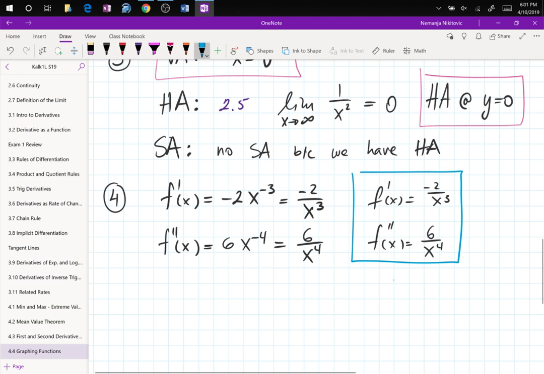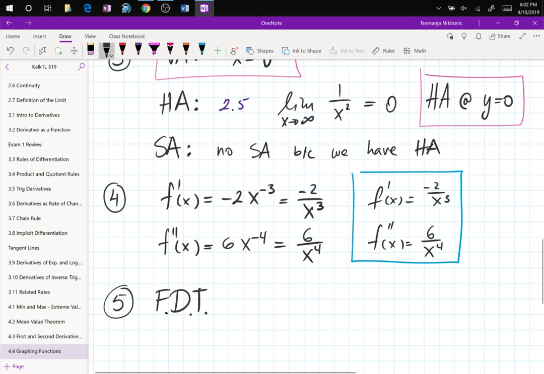Because now in number 5, I get to do the first derivative test. So now we know what to do. We set our derivative equal to 0 to find horizontal tangencies.